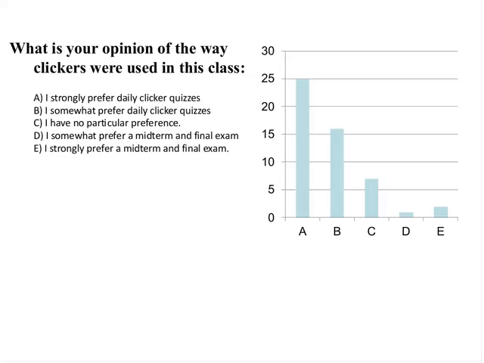I did ask at one point in one particularly large class, about 225 students, what's your opinion of the way the clickers are being used in this class? Do you like the way that we're having these quizzes, or do you prefer an old-fashioned exam format? And as you can see, the answers were pretty decisive in favor of the clickers.